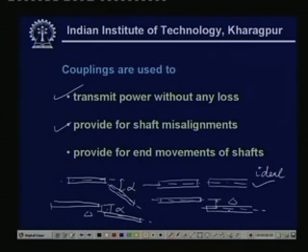So, there are four kinds of misalignments and those are to be avoided, but normally this misalignment occurs in practice and it is difficult to avoid. Then couplings are also used to provide for end movements of the shaft.